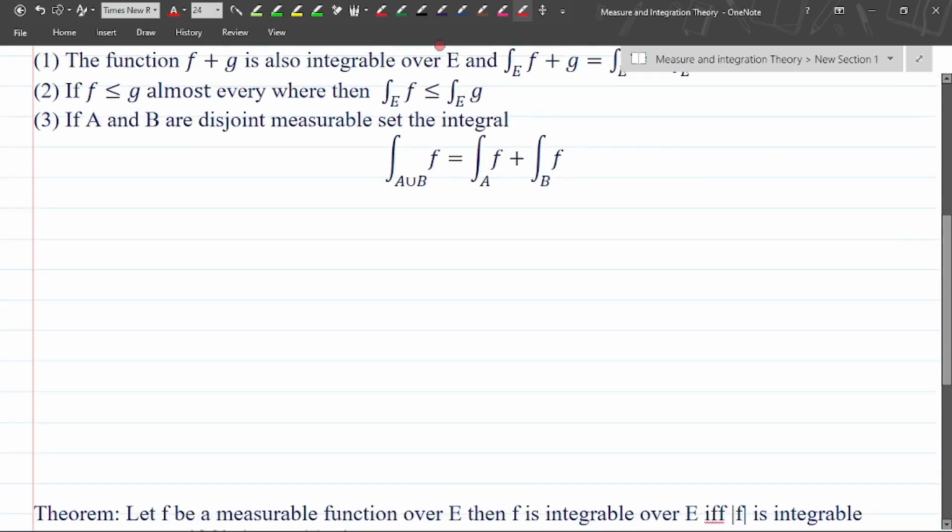So we'll prove just the first result. The first result says that we'll prove f plus g is integrable, and then prove that the integration can be written in this form.